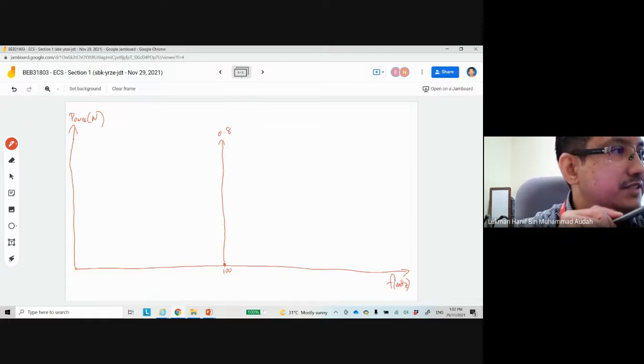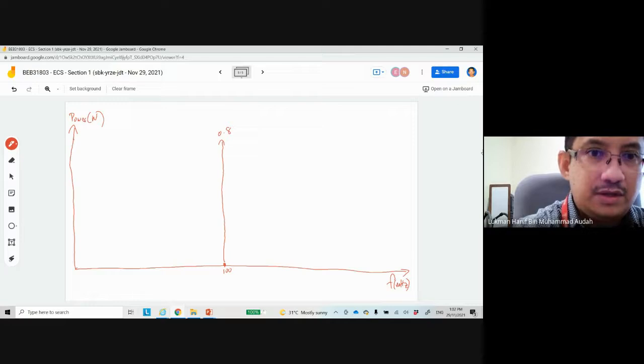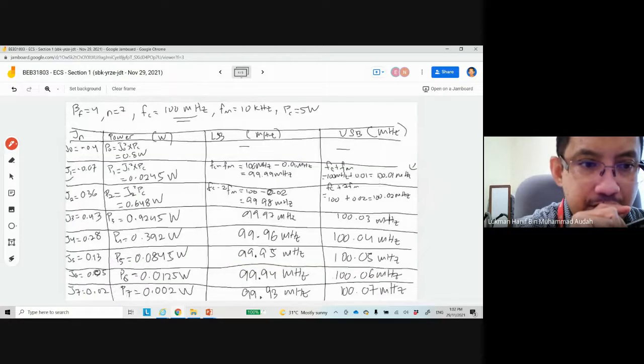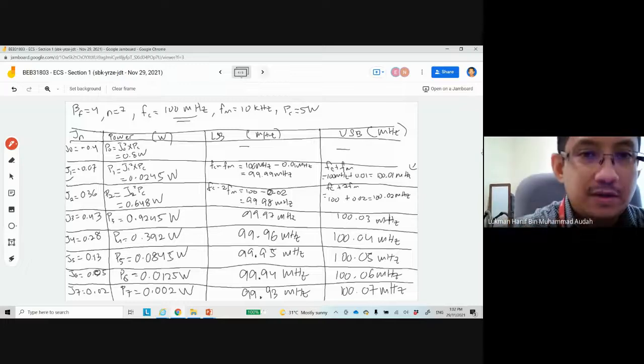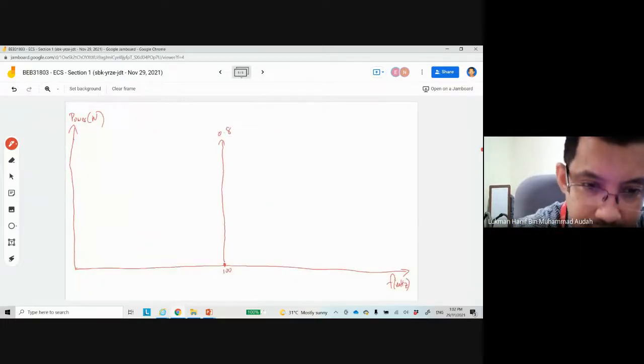And then the first sideband, you see that here, kalau you lihat dia kecil, 0.0245. So you agak-agak lah, somewhere here, 0.0245.